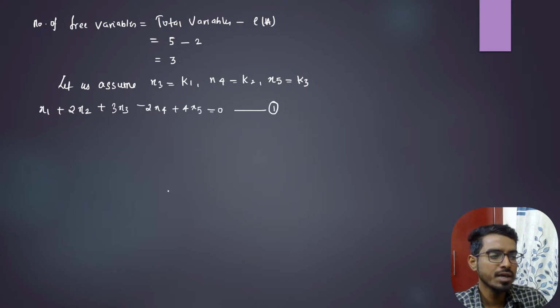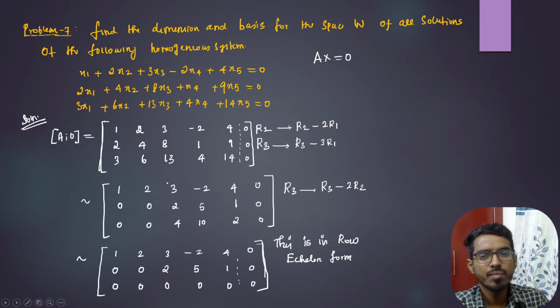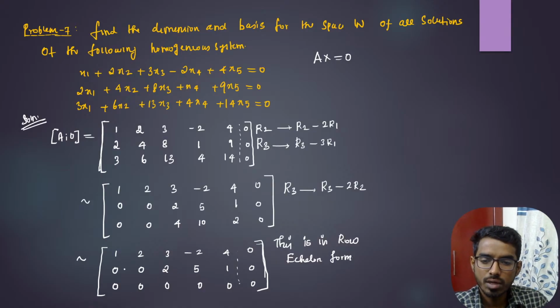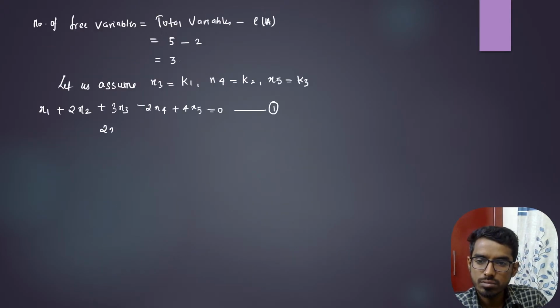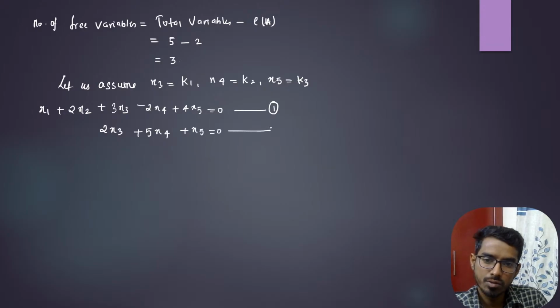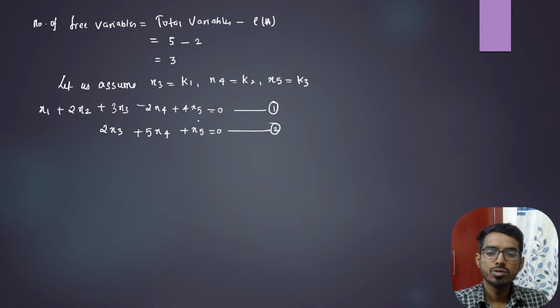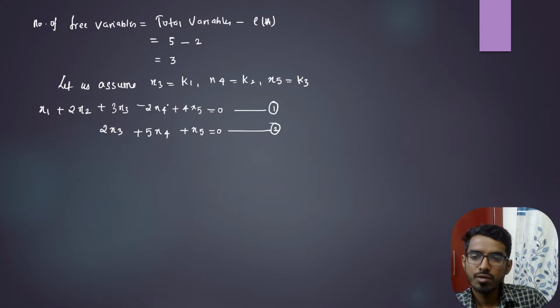You know how to solve a homogeneous system, right? Because we have watched lecture number 4 and 5. And then we have one more: x2 plus 2x3 plus 5x4 plus x5 equal to 0, right?